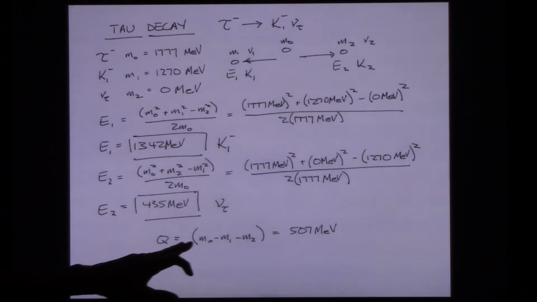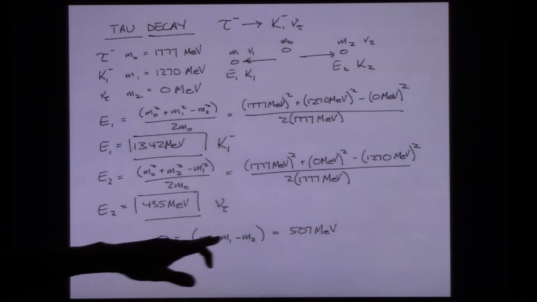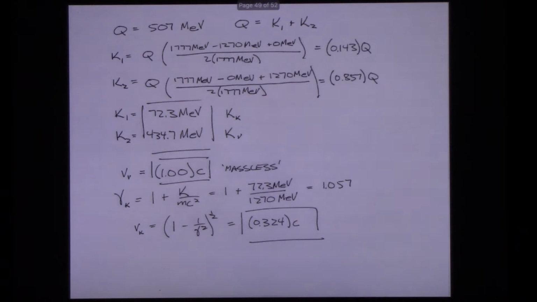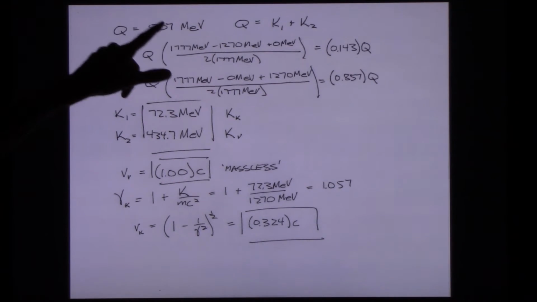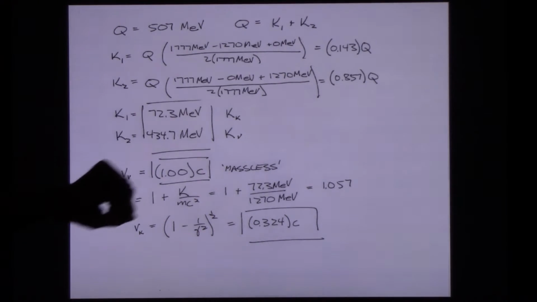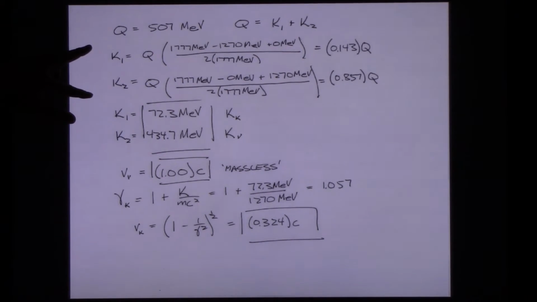Now, notice that the Q, the mass that goes missing, the mass available for kinetic energy, is 507. Let's see how that divides up. So in this decay, we have this much available energy that's going to be released. It's going to be divided between the two particles. And so I'm just bringing out those formulas we had derived and putting numbers into them.